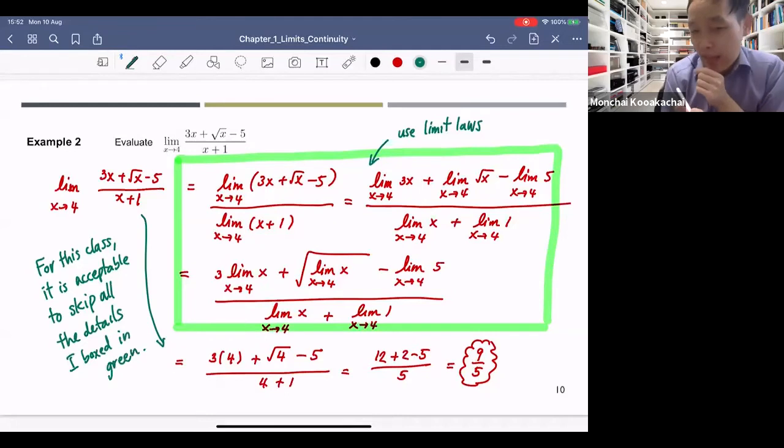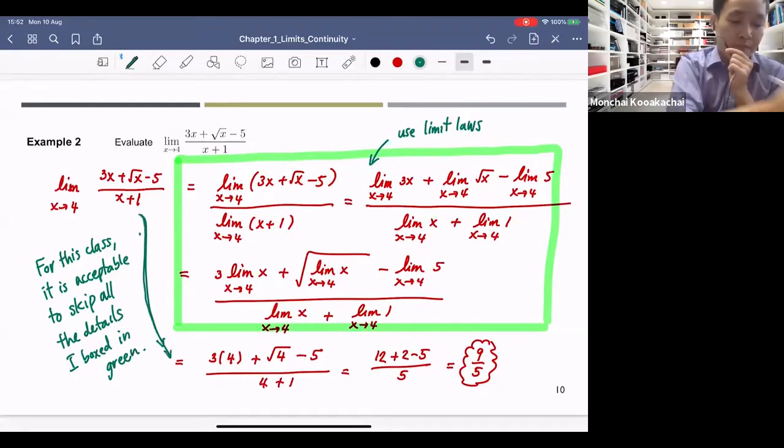For this class, you are allowed to start from the question and then move to the last line without showing anything in the box in green. But you have to keep in mind that you can do that because you use limit law.